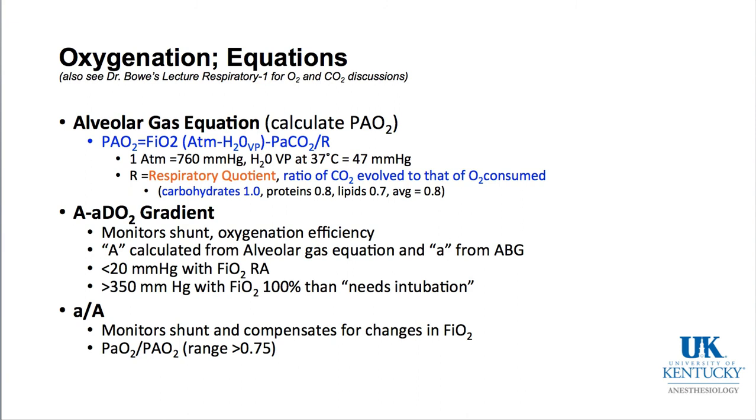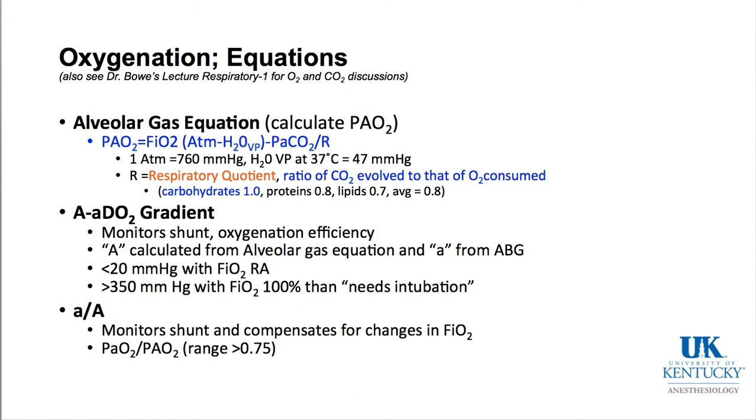So PAO2 is calculated based upon your FiO2 times your atmospheric pressure, which at 1 atmosphere is 760, minus water vapor pressure, which at normal body temperature of 37 degrees is equal to 47 millimeters of mercury. So 760 minus 47 leaves you with approximately 710, FiO2 times 710, if you're at 37 degrees and 1 atmosphere.